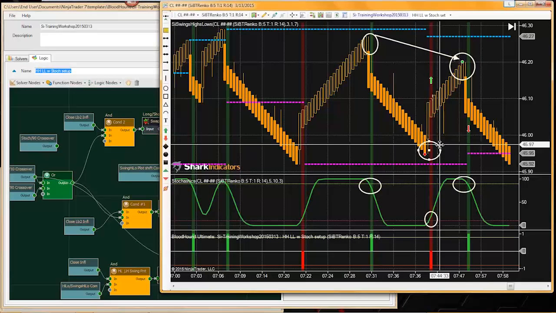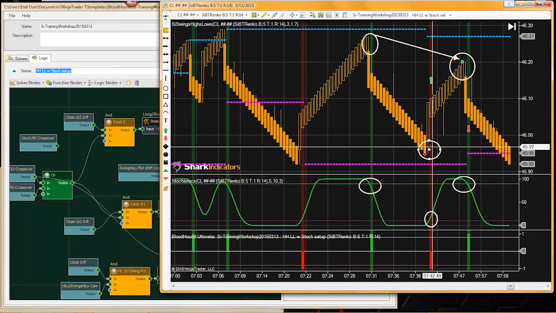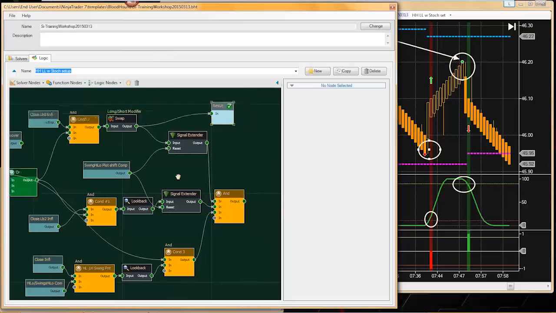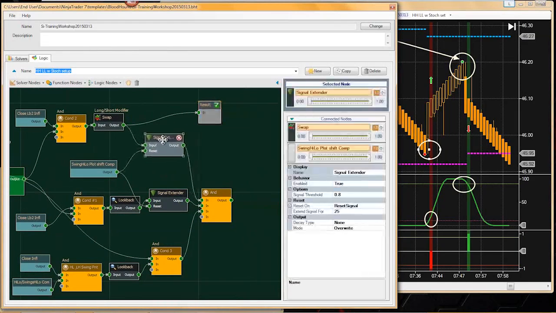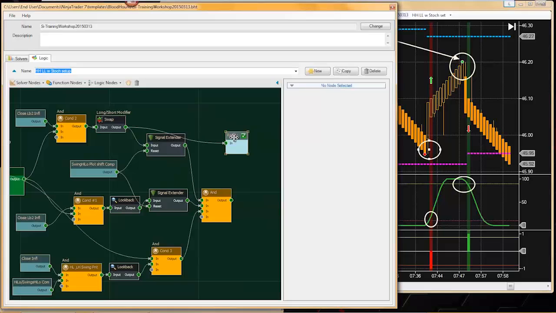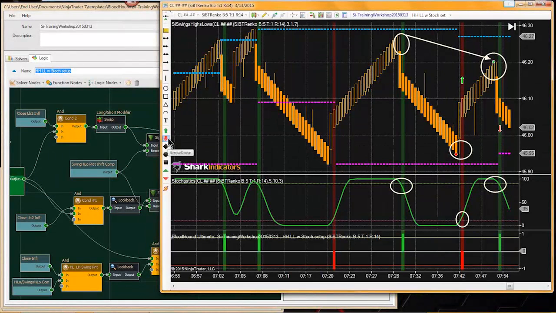And so there we go. Now this condition 2 is giving us a short output, and so far so good. Keep in mind, that bar right there is where we want the actual short trade signal.